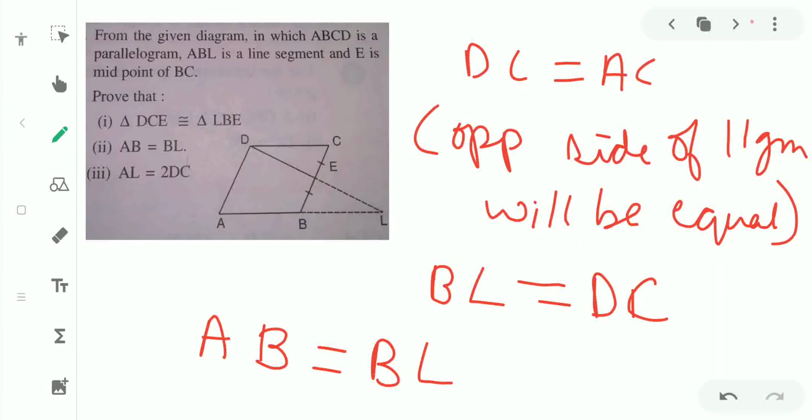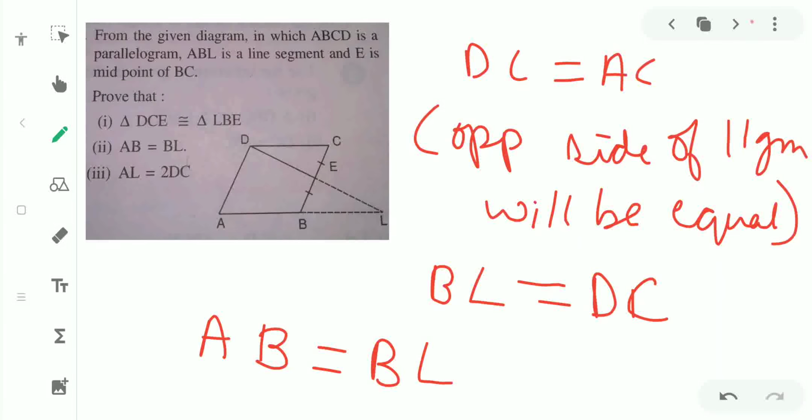And AL is equal to AB plus BL, and we know that AB is also equal to BL.